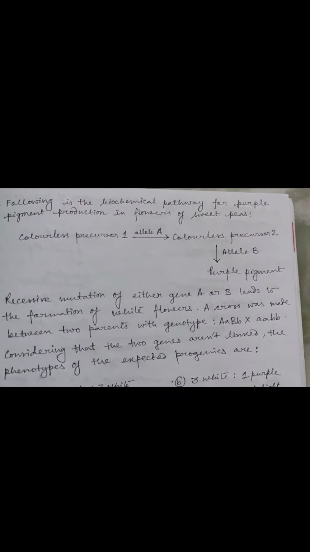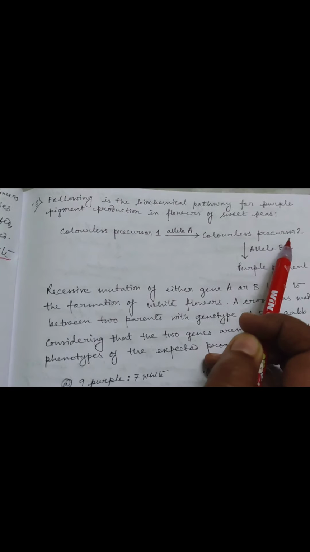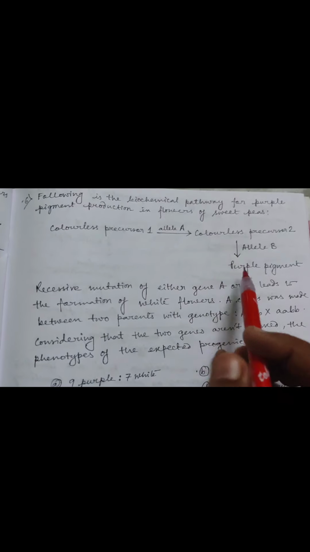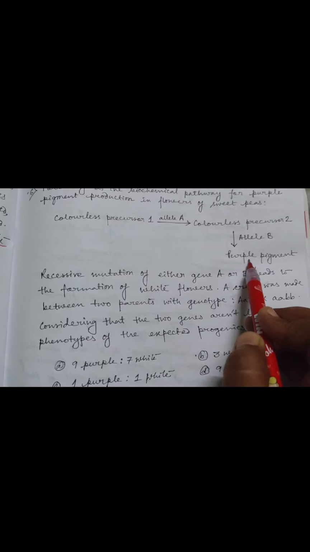Following is the biochemical pathway for purple pigment production in flowers of sweet peas. Colorless precursor 1 gets converted into colorless precursor 2 by the action of allele capital A, and by the action of allele capital B, it gets converted into purple pigment.